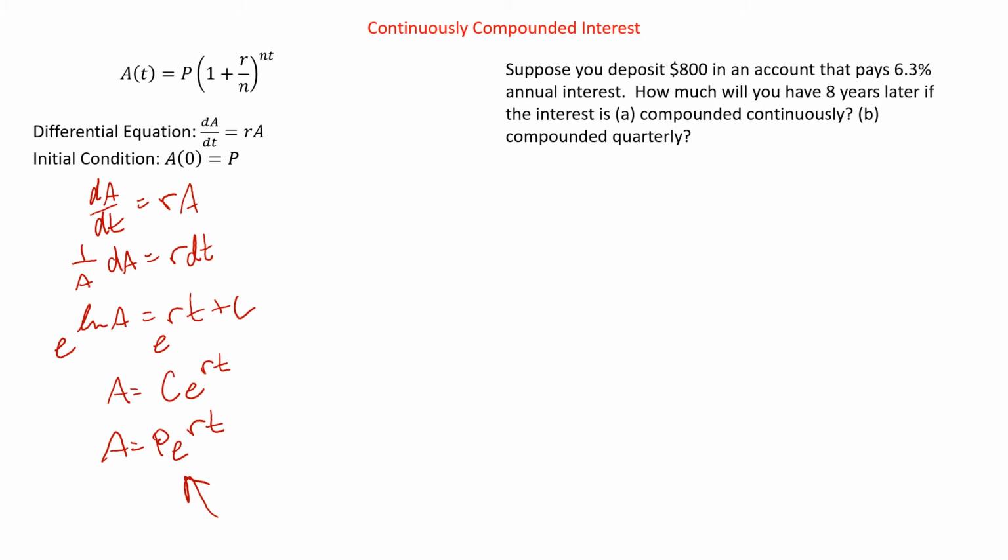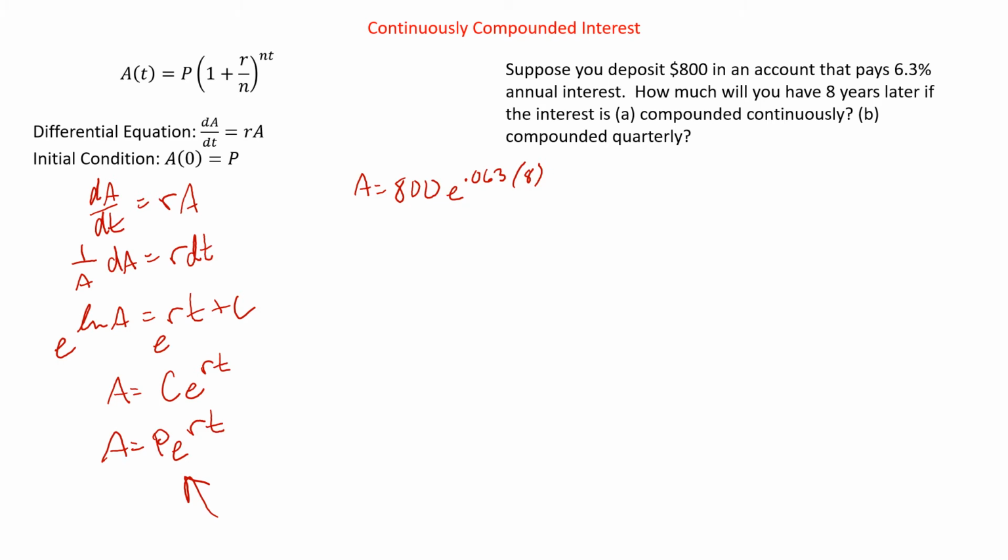So we can go A equals 800 e to the 0.063 times t. We're looking at 8 years later. And then we just crunch those numbers.